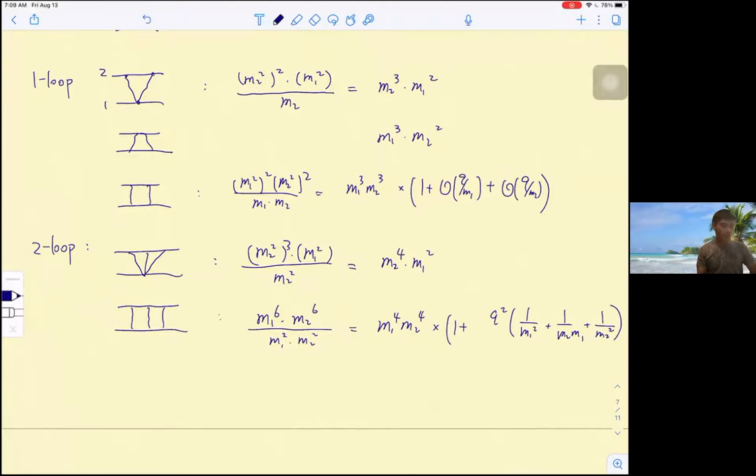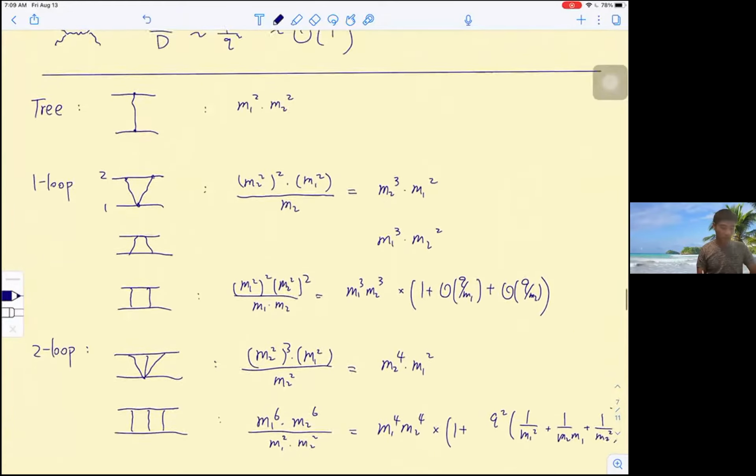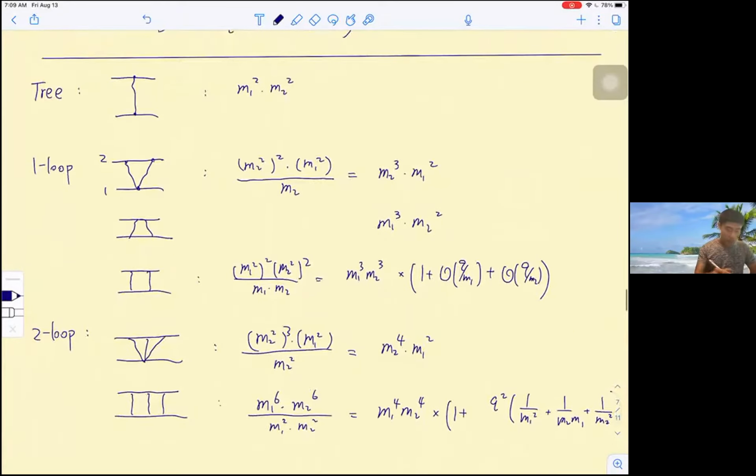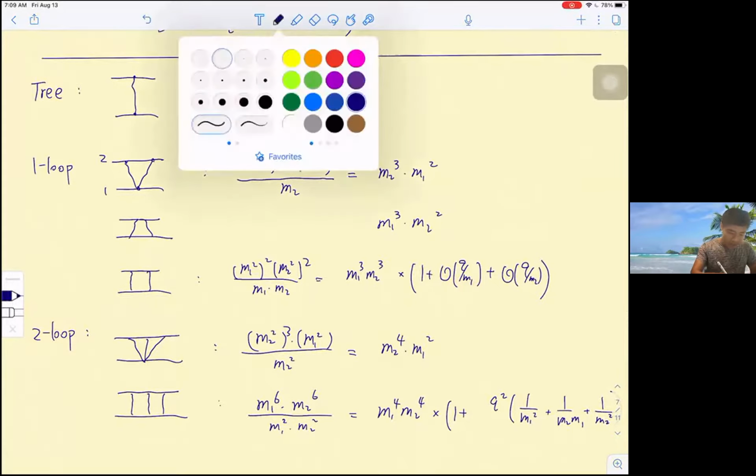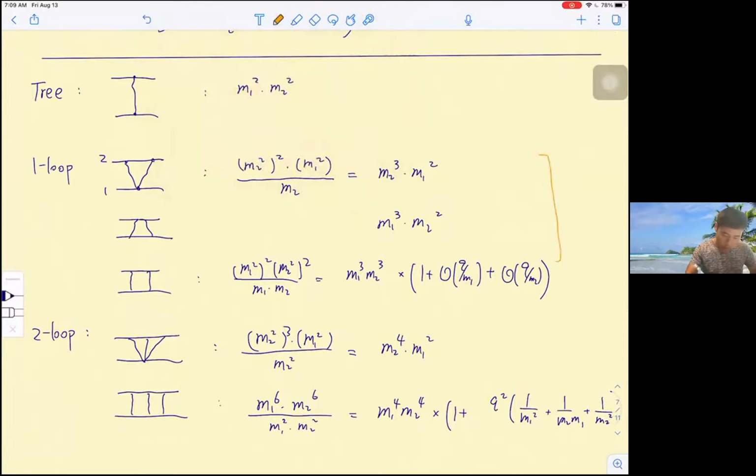Okay. So what's the conclusion from all this counting? If you combine all the results here, you can see that the one loop part, which has n1 squared, m2 squared, and n1 plus m2, and the tree level classical result are actually just leading order in the mass ratio.